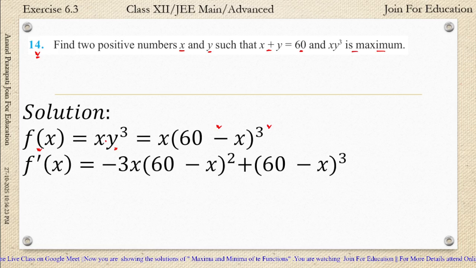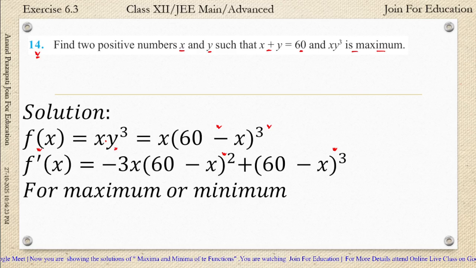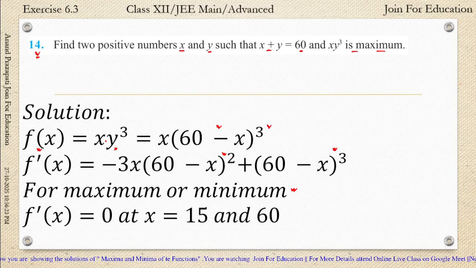So the first derivative of this function will be minus 3x into (60 minus x) to the power 2 plus (60 minus x) to the power 3. For maximum or minimum, the first derivative of the function will be 0. Therefore the first derivative equals 0 at x equals 15 and 60.